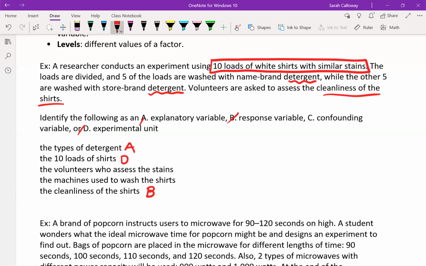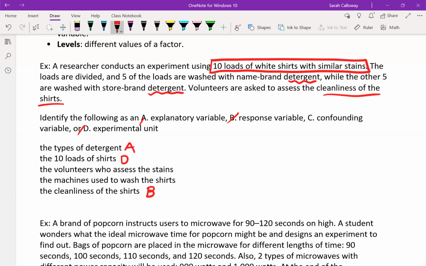All that's left is the confounding variable. Remember, the confounding variable is something that the researchers might not have thought about that also has an influence on the response variable. So something else that could influence the cleanliness of the shirt. It's usually like an extra explanatory variable.